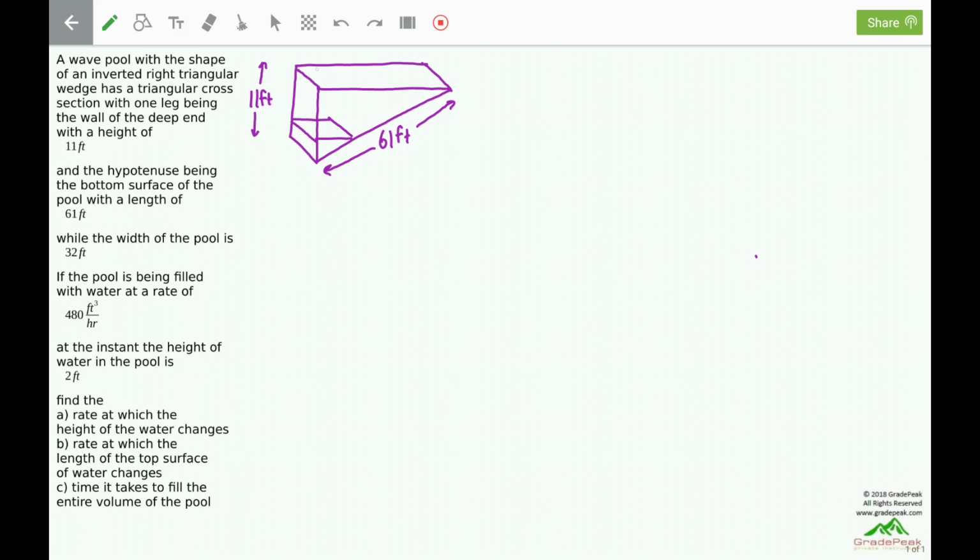The width of the pool is 32 feet, and the width of the water will also be 32 feet because it is filling the entire width. But the height of the water will be changing, so I will name that as a variable, x. And the length of the top surface of the water will also be changing. I'll label that as a variable, y.